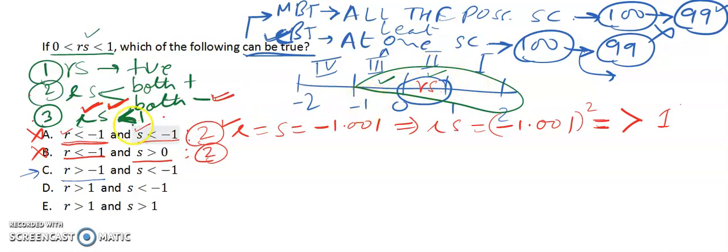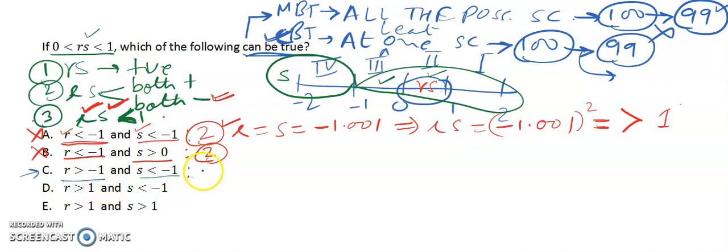And S is less than -1, so S is lying somewhere here. As far as S is concerned, we are sure that S is negative. But as far as R is concerned, it can be positive as well as negative.